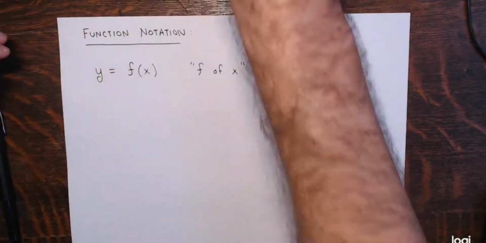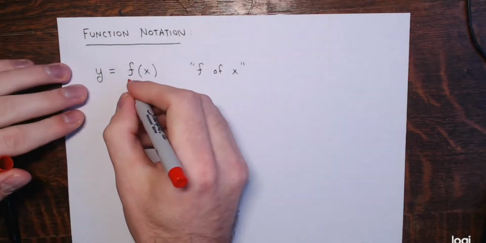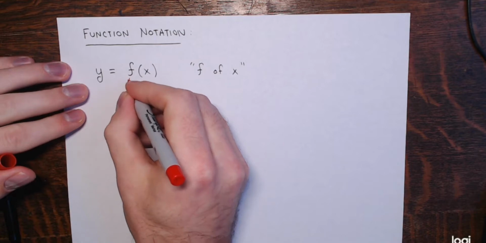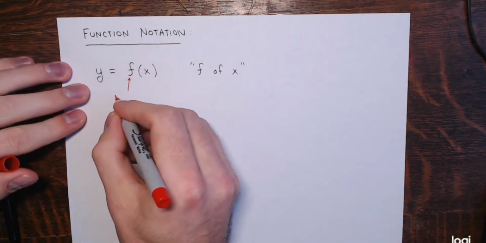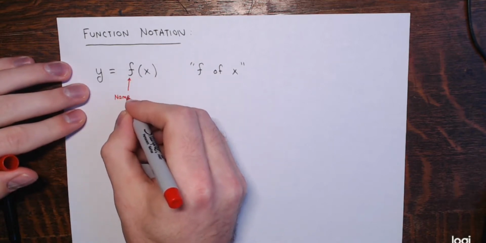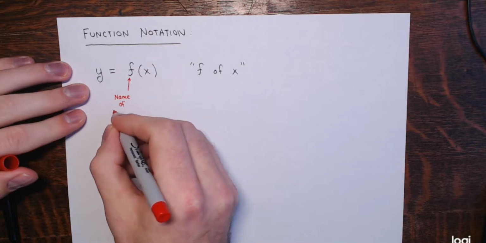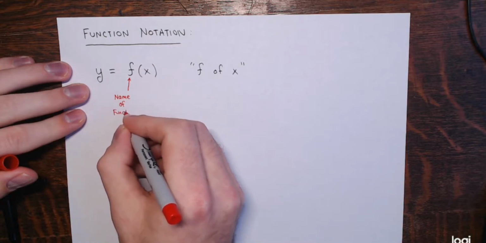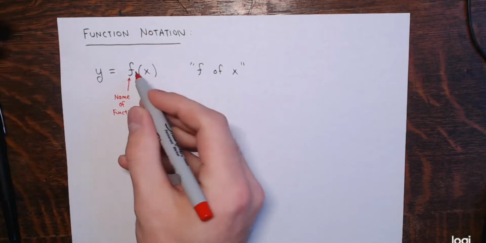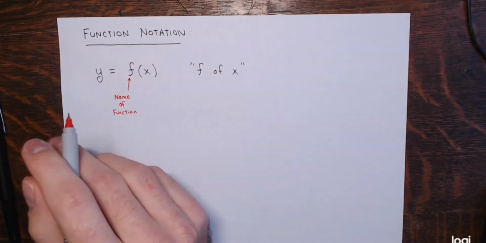Well, the pieces of this: the letter before the parentheses is the name of the function. Most of the time it'll be a single letter, but it can be an entire word if you want, you can just give it a name.